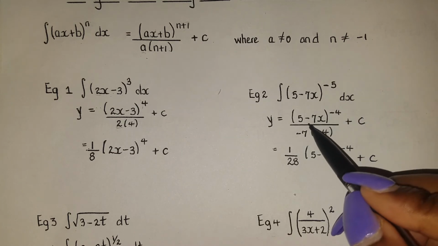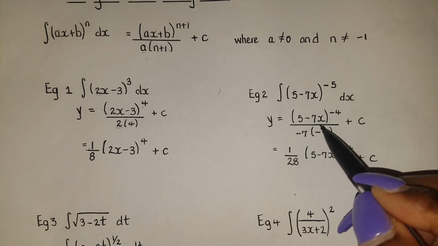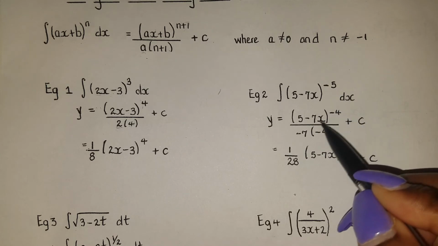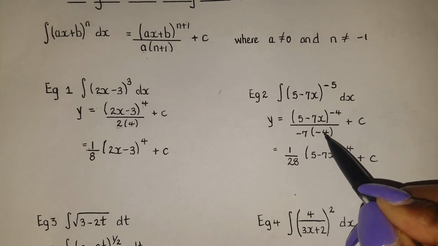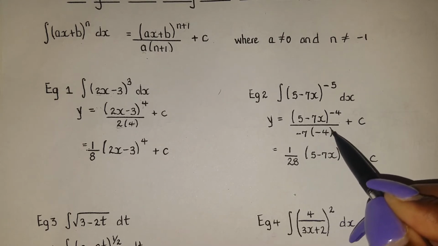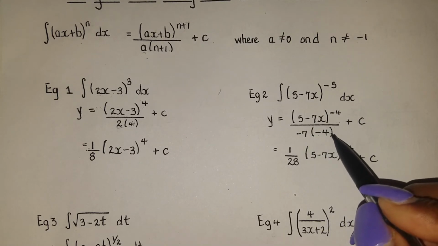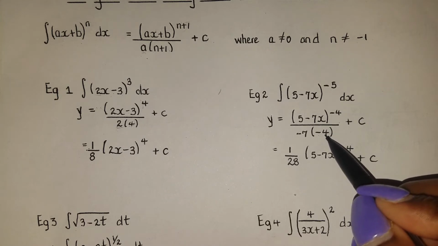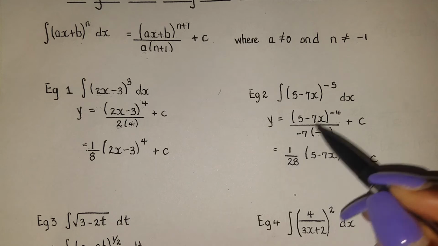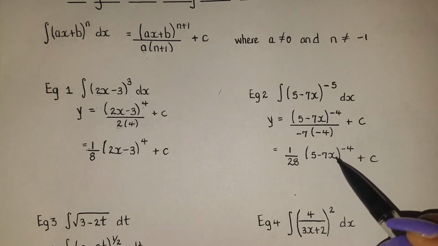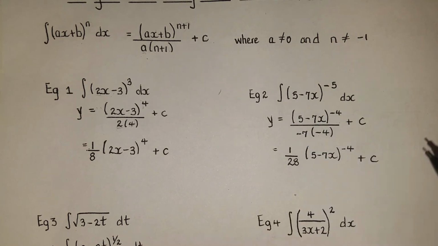So our answer can be (5 - 7x) raised to -4 all over a positive 28, because -7 times -4 is a positive 28, or we can simply bring this 28 to the other side as 1 over 28, which is the reciprocal, or the upturn when it is brought up. And we put our plus c at the end as normal.